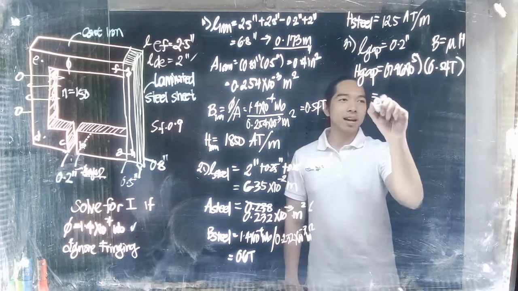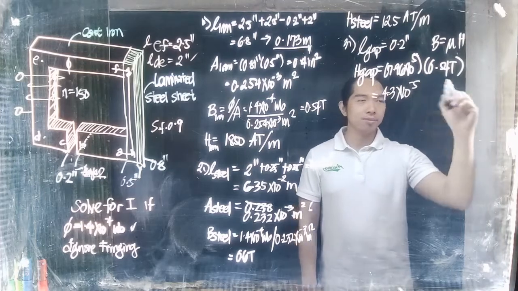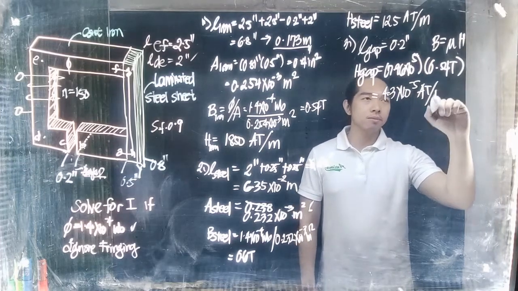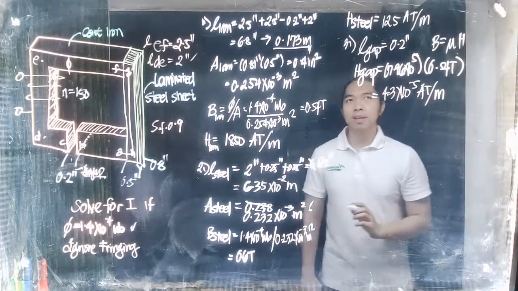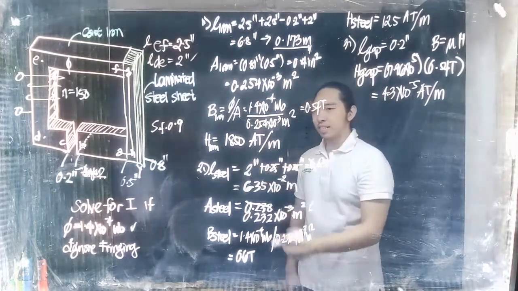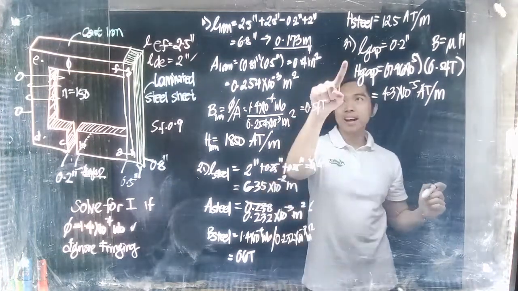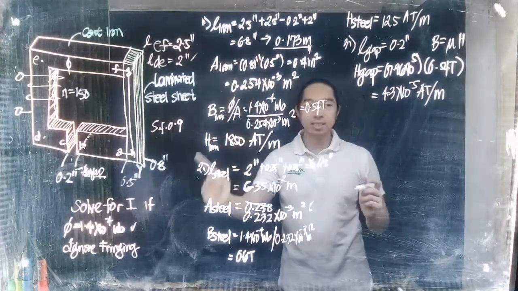And that would give us the value of 4.3 times 10 raised to negative 5 ampere turns per meter. Okay. May H na si steel, may H na si iron, may H na si air gap. Okay. May L na si air gap, may L na si iron, may L na si steel.